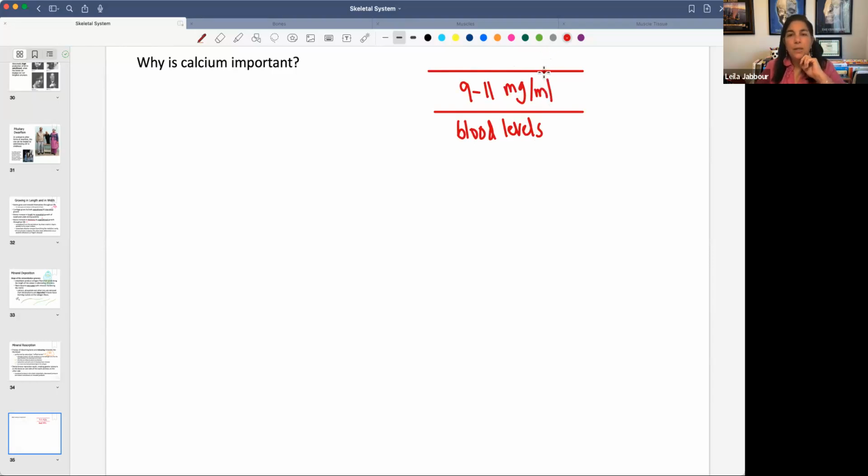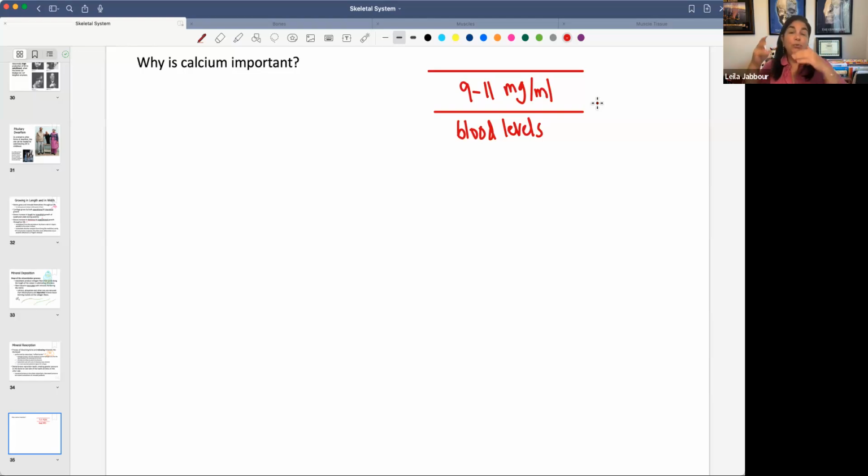Okay. This is the range. This is a very narrow range, 9, 10, 11, not more, not less. 9, 10, 11 milligrams of calcium in the blood. If we drop from these levels, we need to replenish these levels and bring them back up.